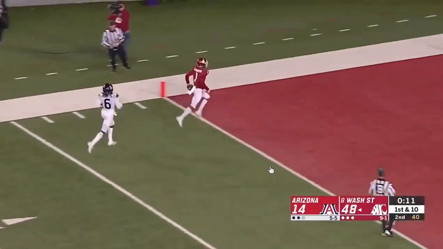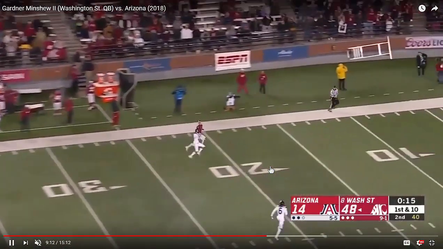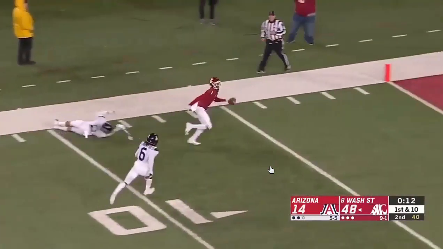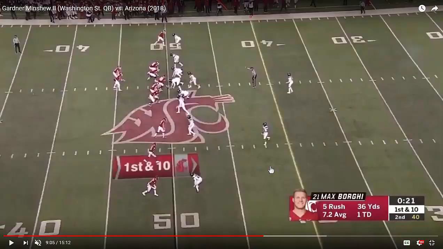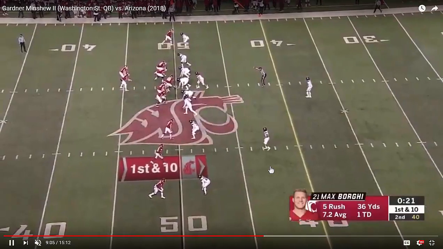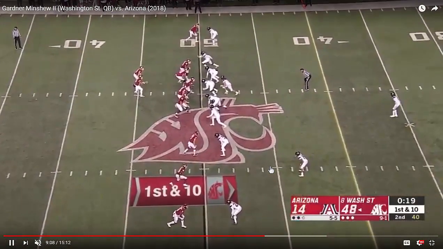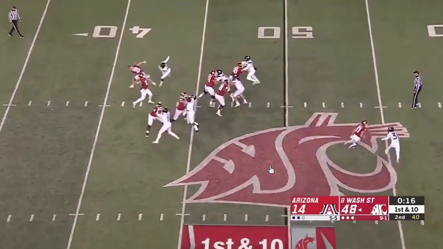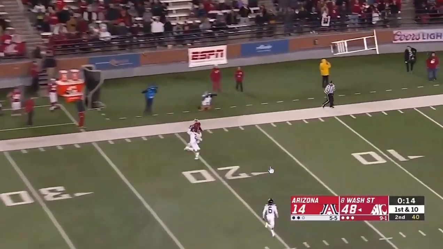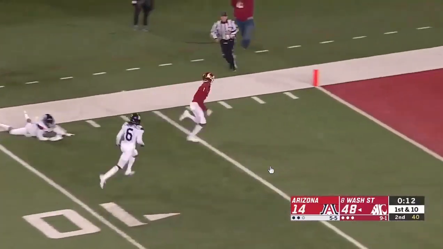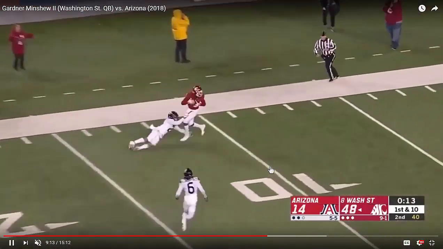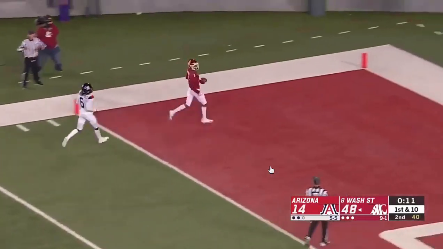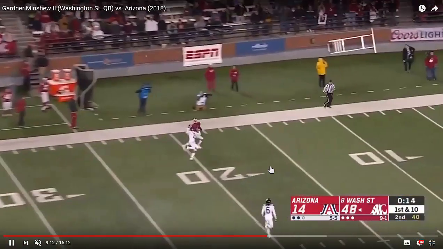So how does that affect this simple play that works up the left sideline for a long pass for a touchdown? Well, let's take, for example, how do you define this? Is this a deep ball? Well, some people might define this, even at the highest levels of football. They might say, Gardner, the player who's made this throw, if these were the types of throws we saw all the time from him, he's a good deep ball thrower.